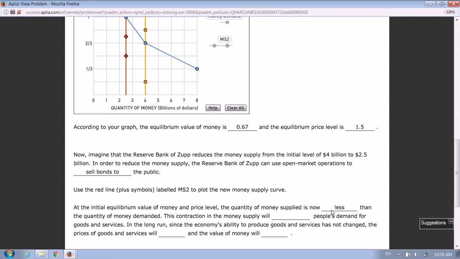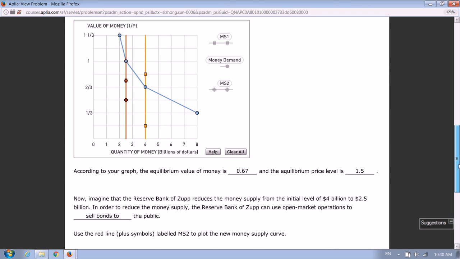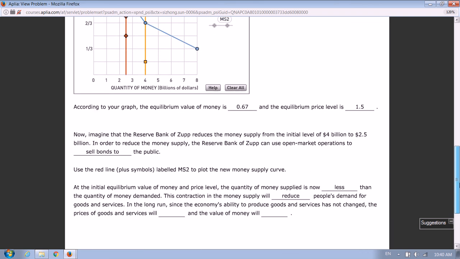This contraction in the money supply will reduce people's demand for goods and services.